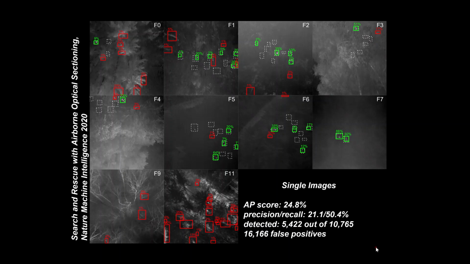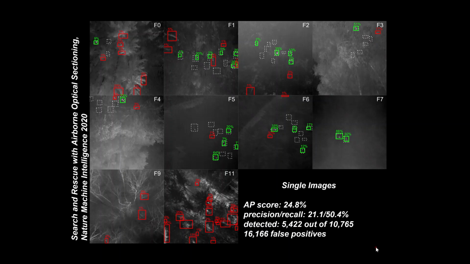So in this example, you can see results of the first idea. You capture normal images and you try to detect people in these images. The red boxes are false positives, the green boxes are true positives, the dashed boxes are ground truth labels, and the numbers that you can see are the confidence scores of the classifier. As you see in this example, the classification does not work. We get average precision scores of less than 25% for many field experiments that we did.